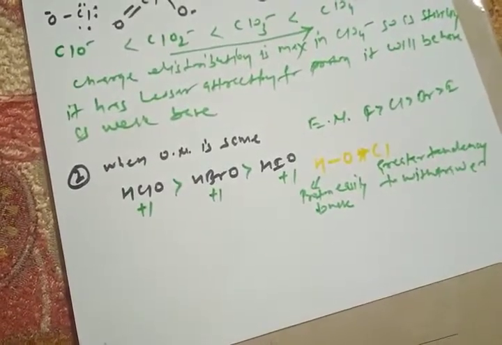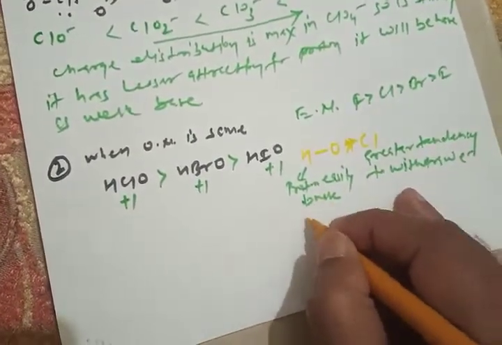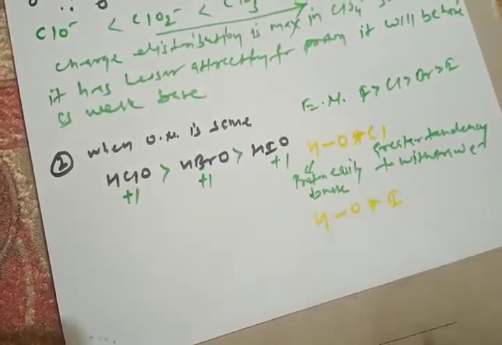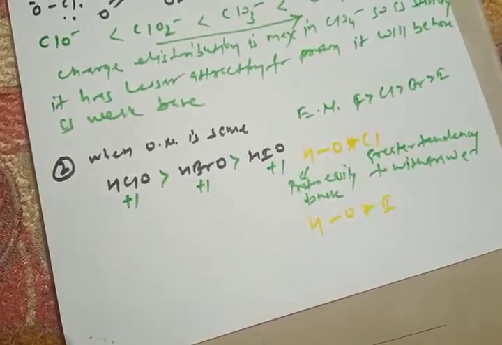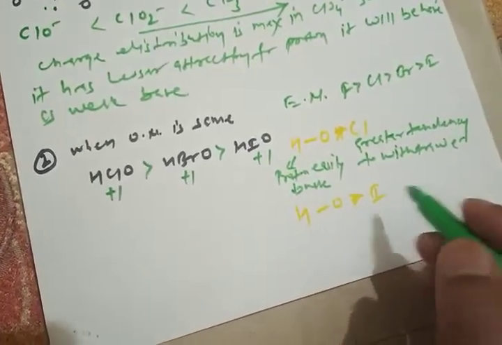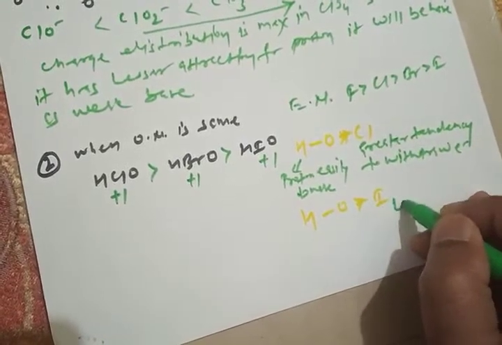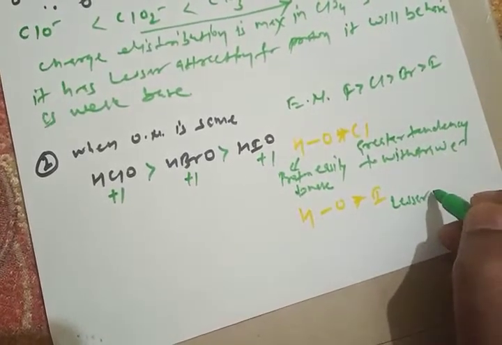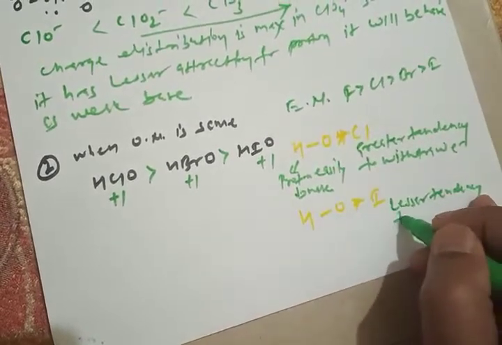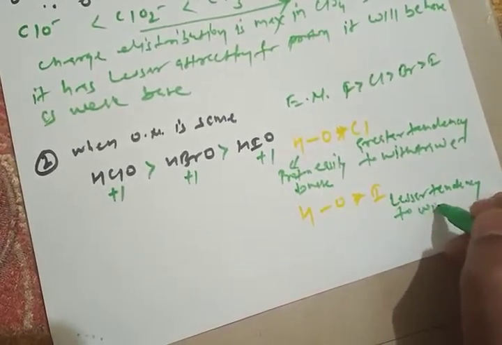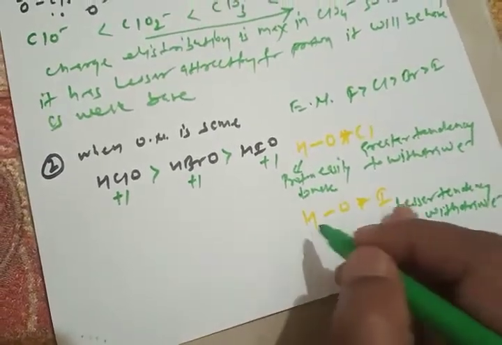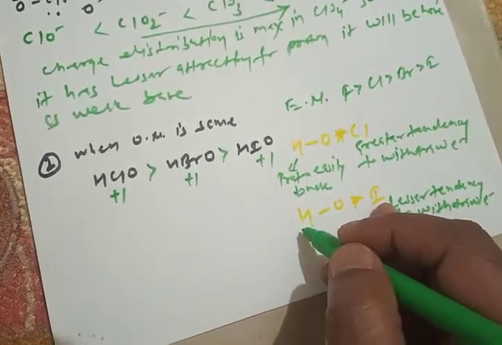Let's take another example, that is HOI. Here the electronegativity of iodine is lesser. So here it has a lesser tendency to withdraw electrons, and if it has a lesser tendency to withdraw electrons, the proton will not easily donate.